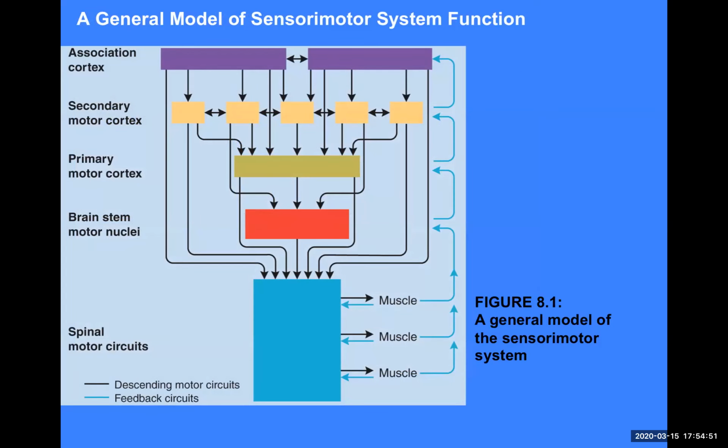In general, a model for senses, for motor, for the integration of the whole sensory motor system: simple information comes in at the sensory organ, gets processed up, and I think you should be able to see my cursor on the screen here, gets up and up and up through association cortex, which is the highest level of processing. And then that complex perception translates by the frontal lobe into a decision what to do about it, what action to take.